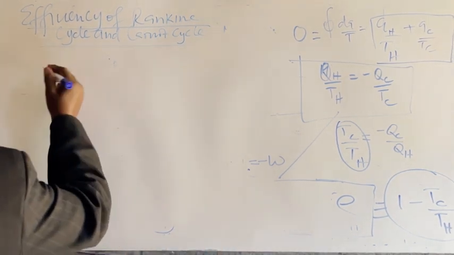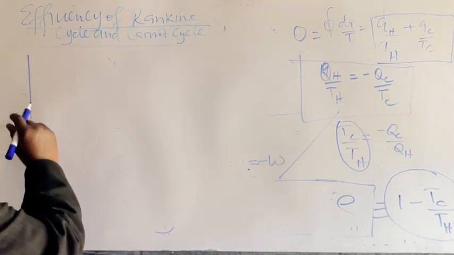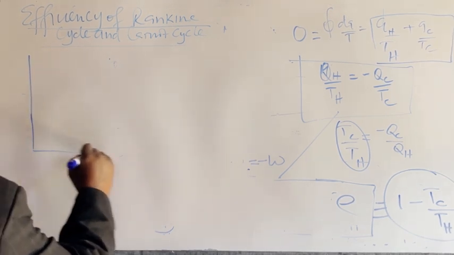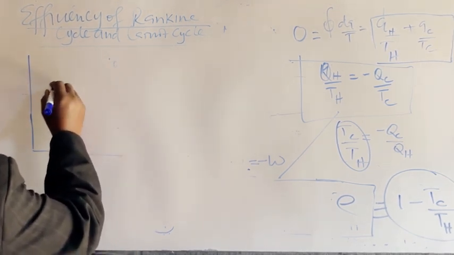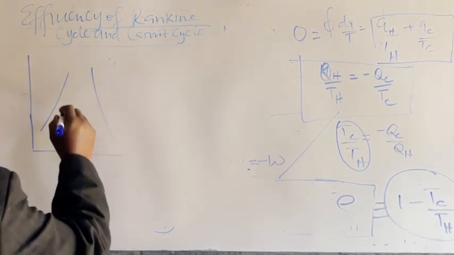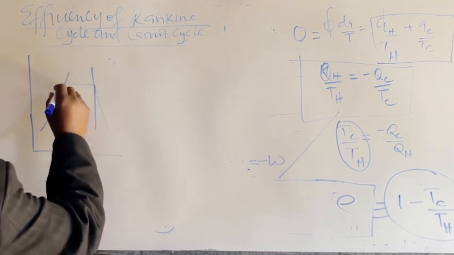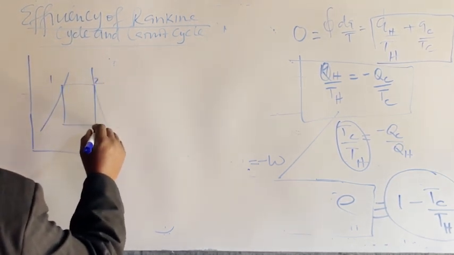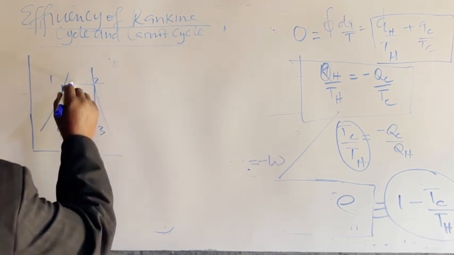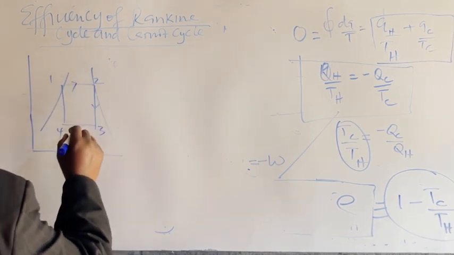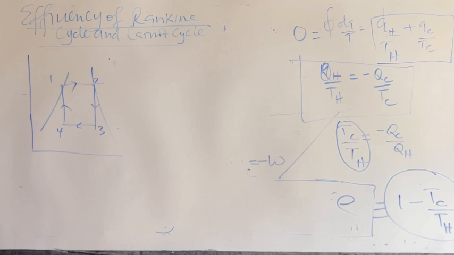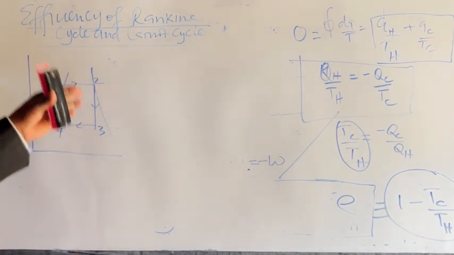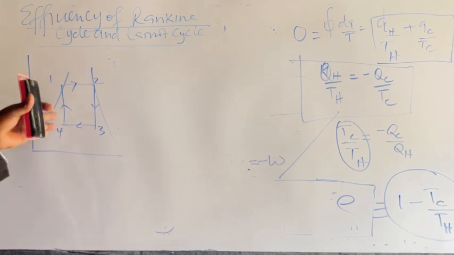Now, let us go back again and do some additional work. We have said on the saturated liquid and saturated vapor curves, we have 4 steps: 1 to 2, 2 to 3, 3 to 4, 4 to 1, which are isothermal, adiabatic, isothermal, adiabatic, and so forth.